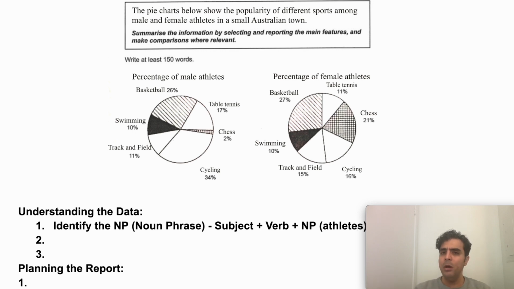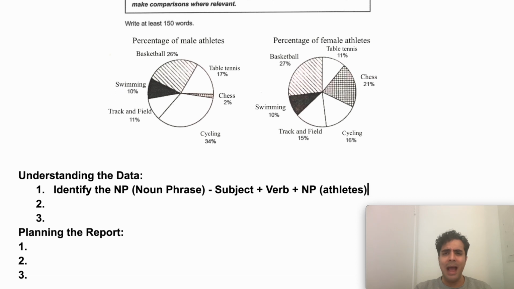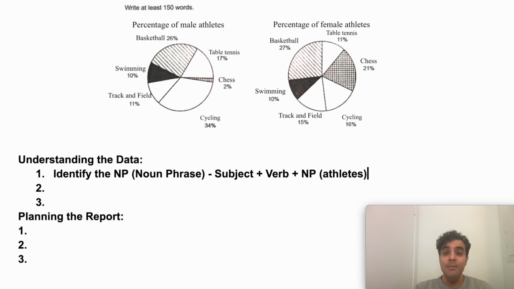Now you might be wondering, okay, fine, but how is this important? Well, it's important because later when we are writing our report, we know that whenever we say 26%, we are referring to 26% of male or female athletes.